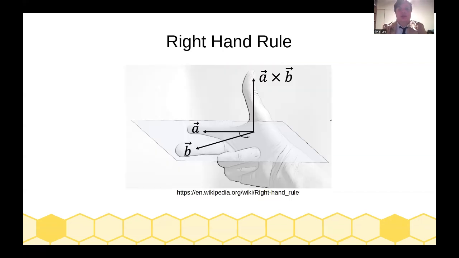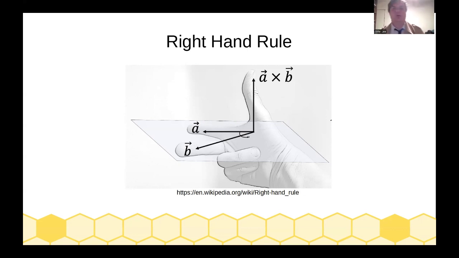It is also useful at this juncture to define the right-hand rule, which is used for something called a cross product. Where A cross B, if you have the vector A pointing forward with your finger and the vector B pointing forward with your middle finger, then the product A cross B is going to be perpendicular to both of them and in the direction that your thumb is pointing.